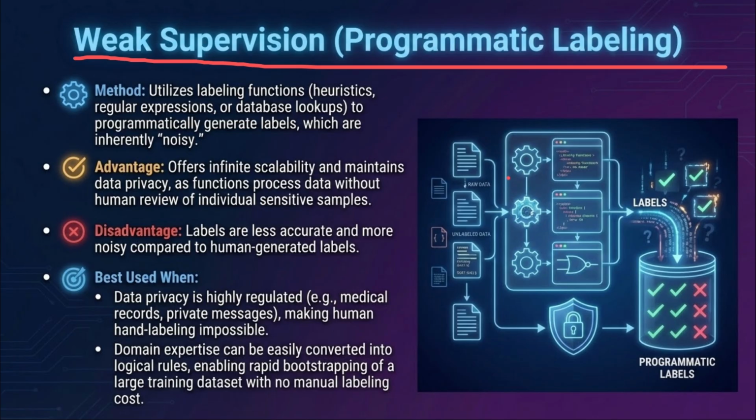So it is good, but the problem is the labels are less accurate and more noisy compared to human-generated labels. But the good part is, I read somewhere that if you can clearly convert the domain expertise, then this gives comparable performance to human labeling.